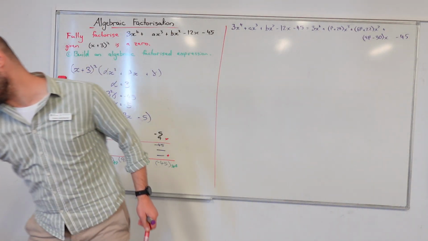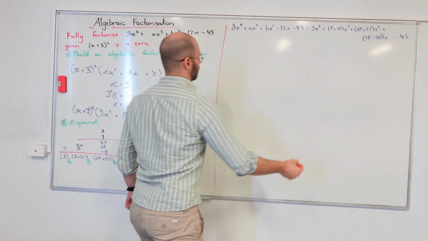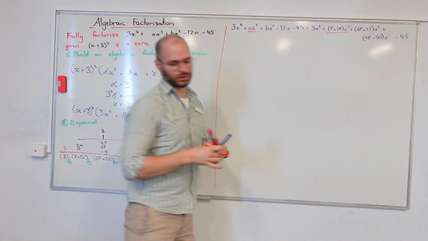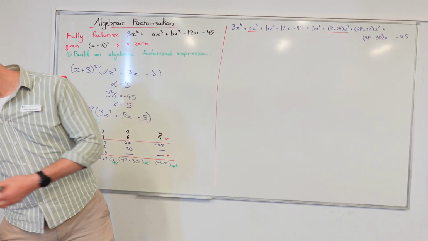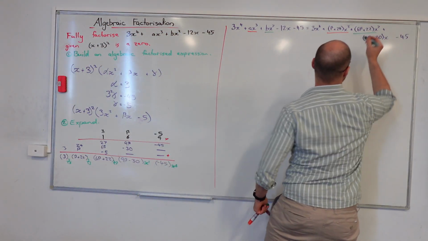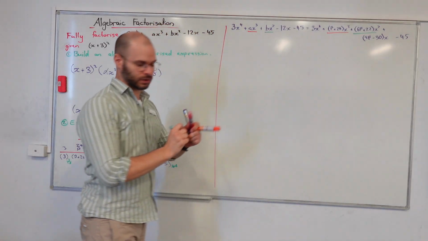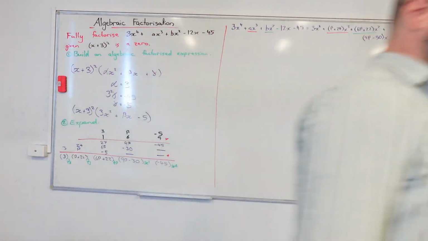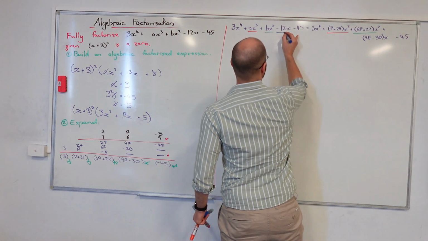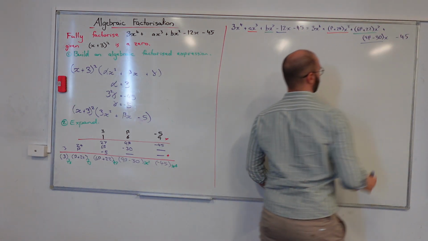And again, it's a matter of doing inspection here. So we have ax cubed, beta plus 24x cubed, bx squared, 6 beta plus 22, and then the final one, negative 12, and so on.